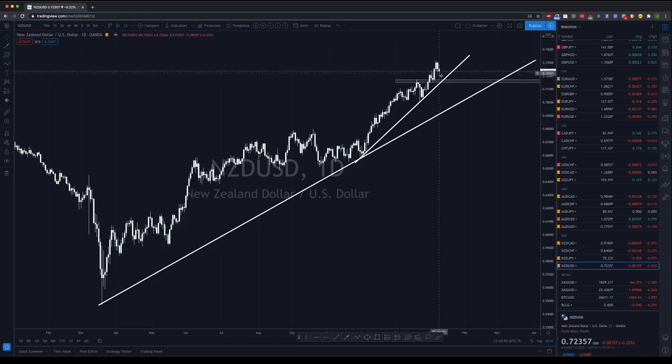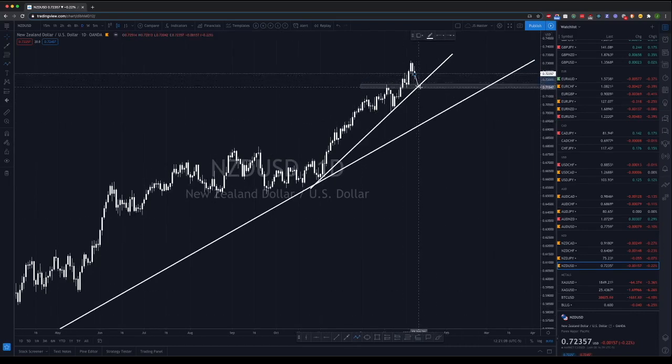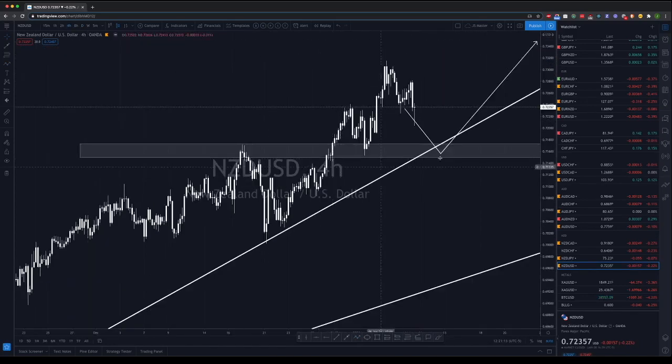So what we might see is price disrespect this level and come back into these levels here, or maybe even these levels here. But I'll keep an eye on it. If I see price come back into my level here, then I'd look for a long position, right? I'll just go to the 4-hour time frame.